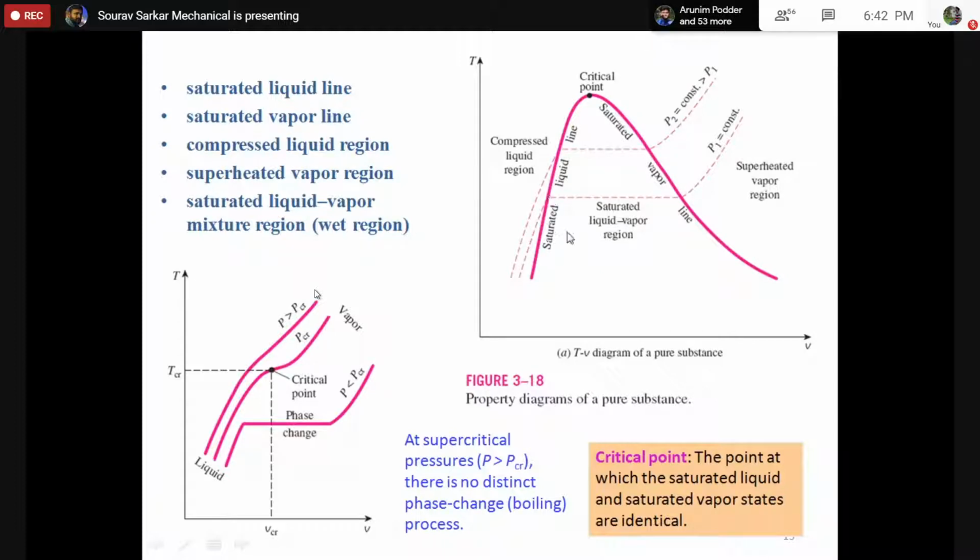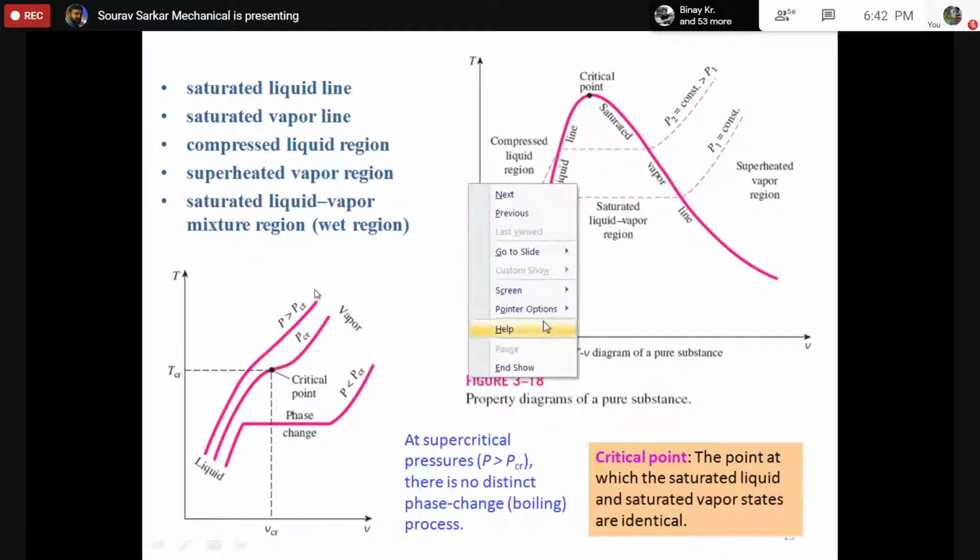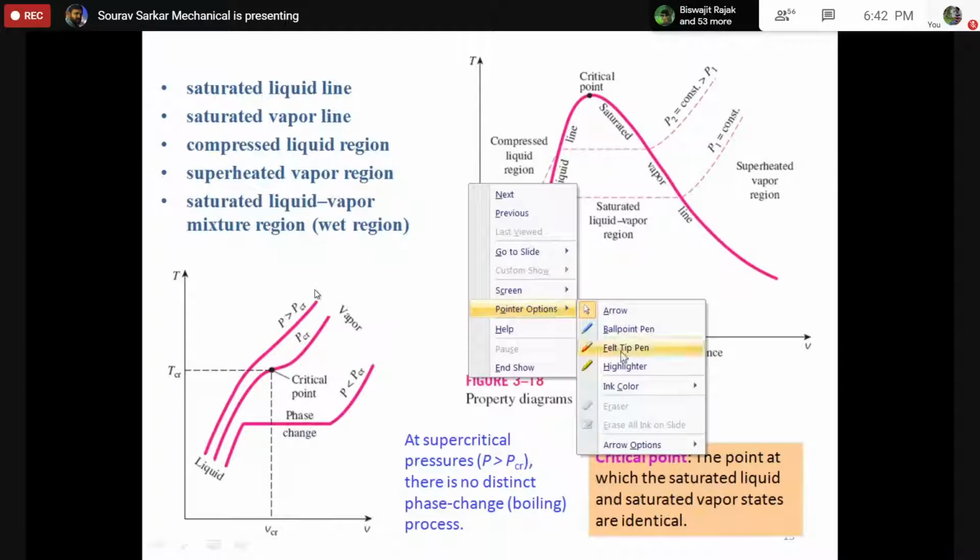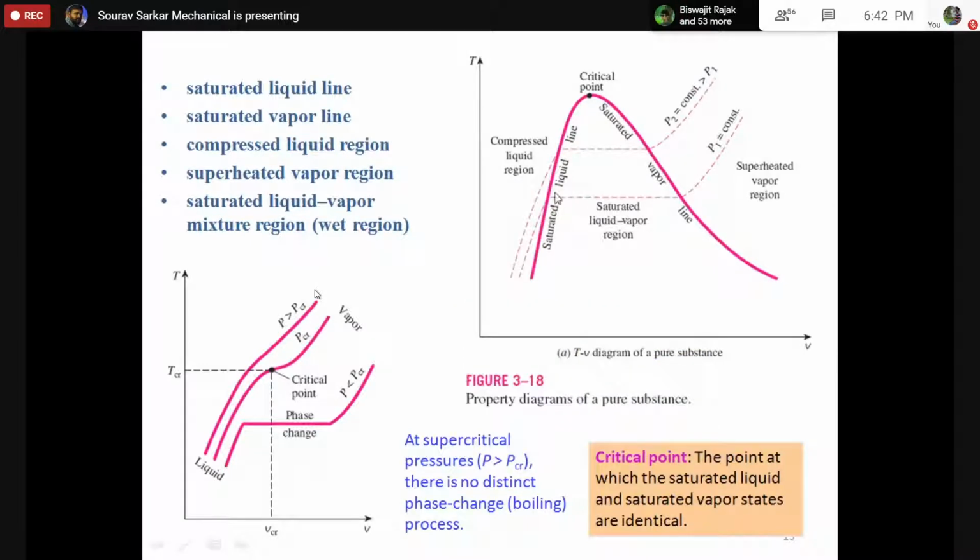If you heat further, the pressure and temperature will remain constant, but gradually the water is going to convert into vapor. At this point there is no vapor, but if you add a small amount of heat, vaporization will start.